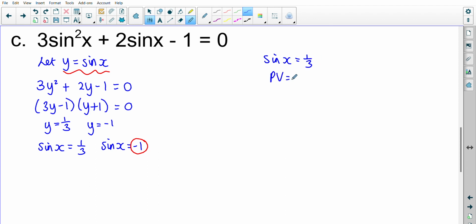So principal value. The principal value is 19.471. So CAST.